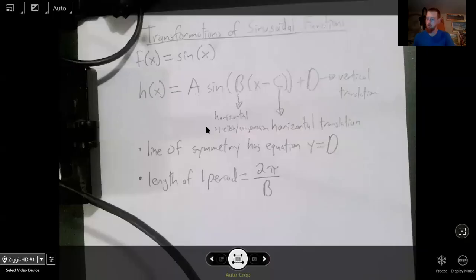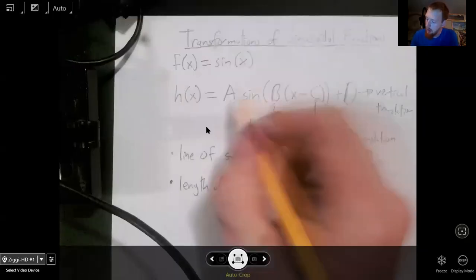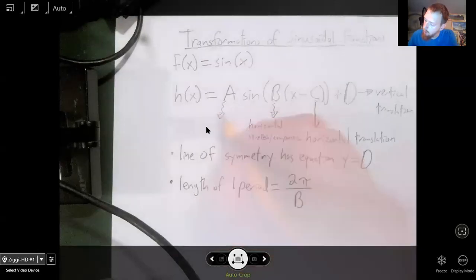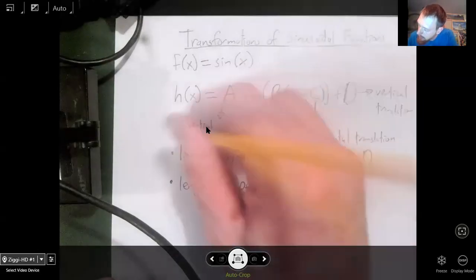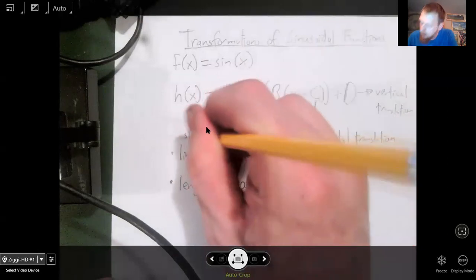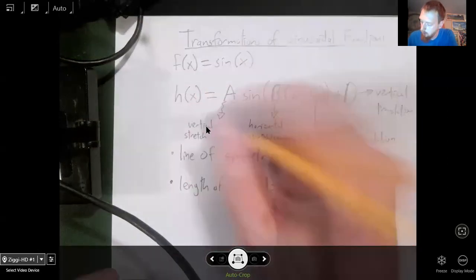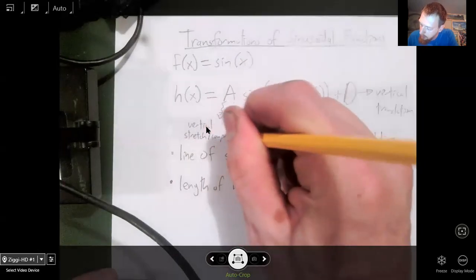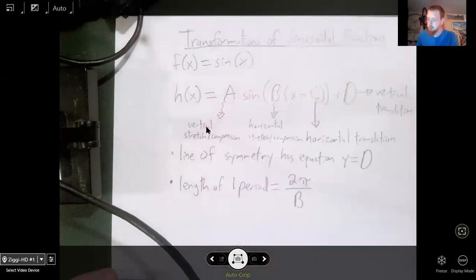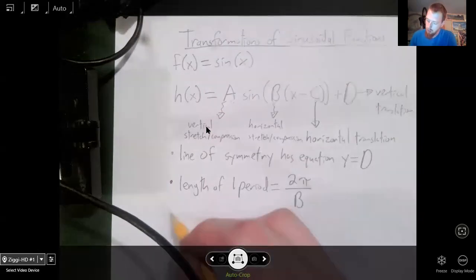So let's record that last thing that we need to knock out here. A, just like it was before, is giving us a vertical stretch if A is above 1, or a vertical compression if A is less than 1, greater than 0.